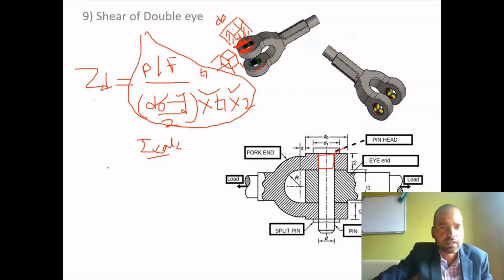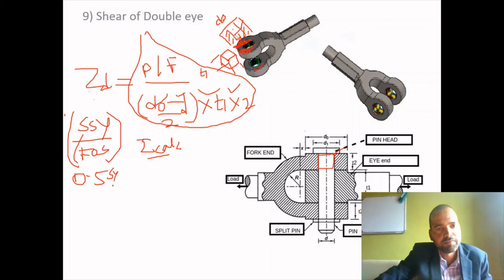Tau allowable will be equal to SSY upon factor of safety. That is, if shear stress is there, we take yield strength in shear. Yield strength in shear is again 0.5 times SYT, where SYT is the yield strength in tension for this double eye material, divided by factor of safety. This equation will give us tau allowable, right?